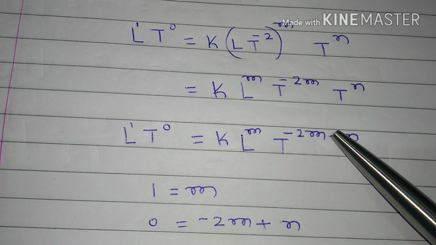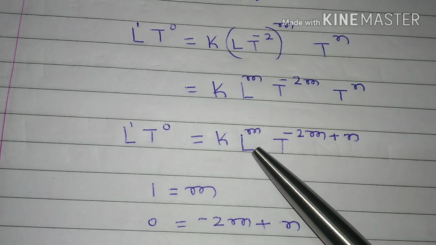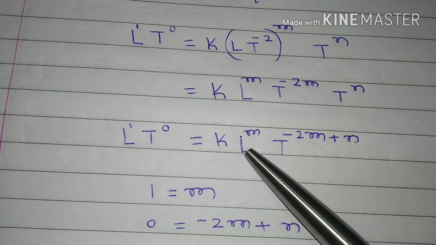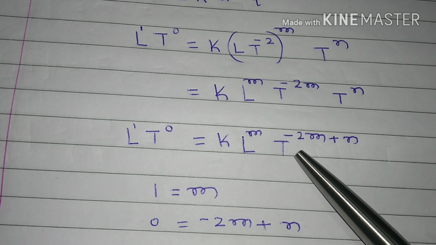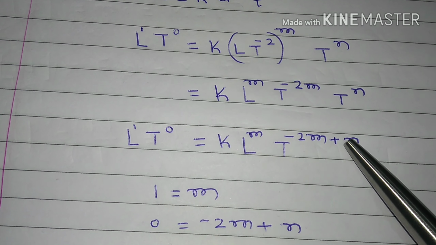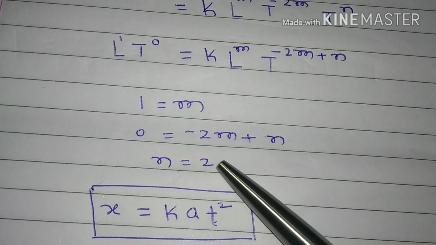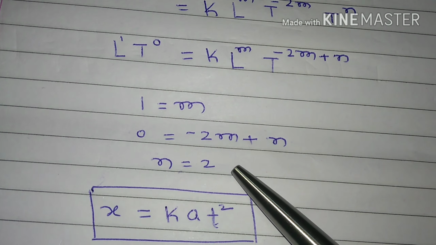Both the side you equate powers of same dimension. Length dimension here, m is there, so m is equal to 1. Here time, what is the power here? -2m + n equal to 0. So n equal to 2 you are getting. m equal to 1, n equal to 2.